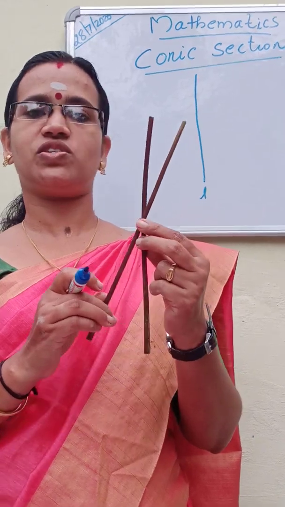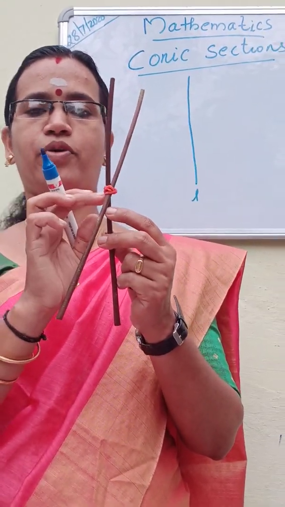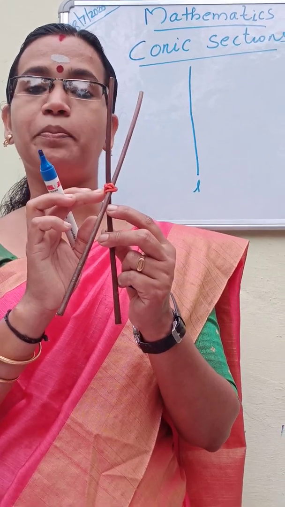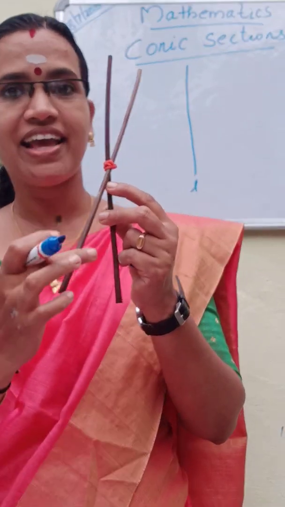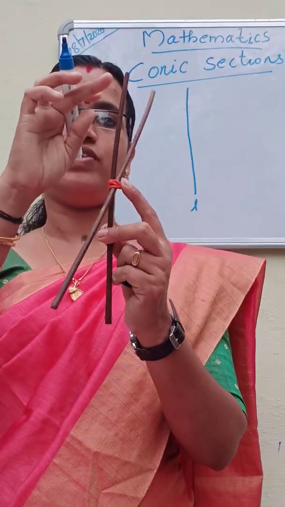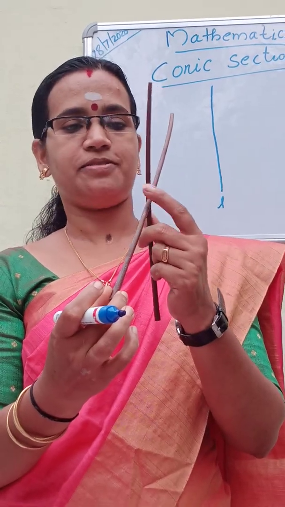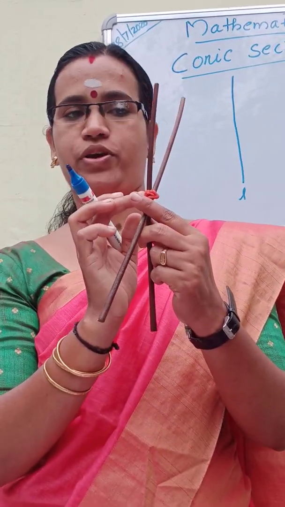There is another straight line which intersects it at a particular point here. So this one is a vertical line, and the other is a straight line which intersects it at a particular point.